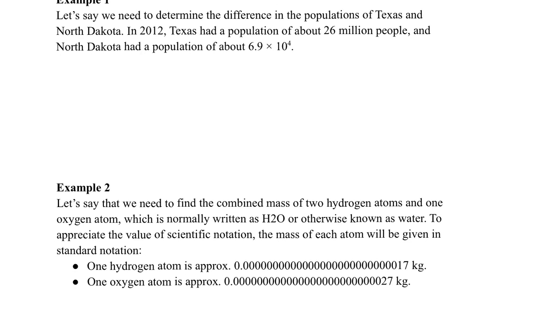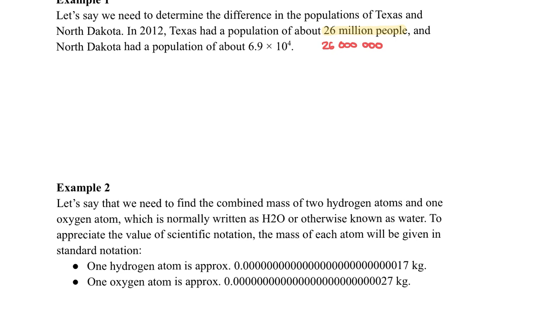First one says, let's say we need to determine the difference in populations of Texas and North Dakota. It says that Texas has a population of about 26 million people and North Dakota had a population of 6.9 times 10 to the fourth. All right, so first thing is we need to get both of these into scientific notation. So 26 million would be 26 and then 1, 2, 3, 4, 5, 6 zeros.